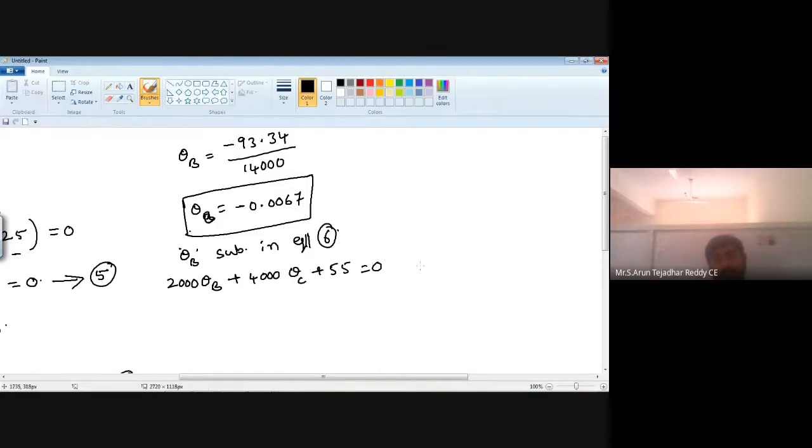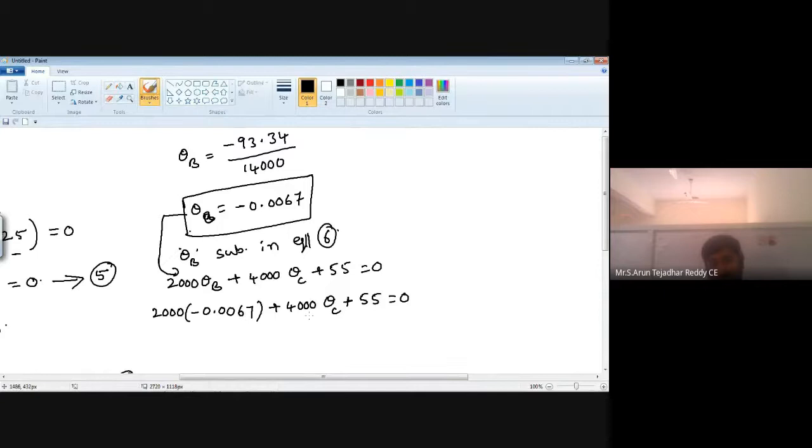In this equation number 6, we already got the theta B value, just substitute here. That's it. It means 2000 into theta B, minus 0.0067, plus 4000 theta C plus 55 equal to 0.